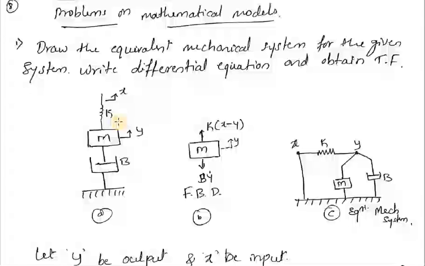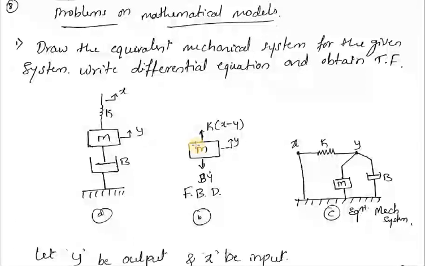And if this mass m has to have some displacement in the y direction, one of the forces should act in the same direction, right? So for that reason this force direction will be upward. The force due to the damper will be downward, because it will try to resist, since it is fixed here. But k is not fixed, it is a free end.